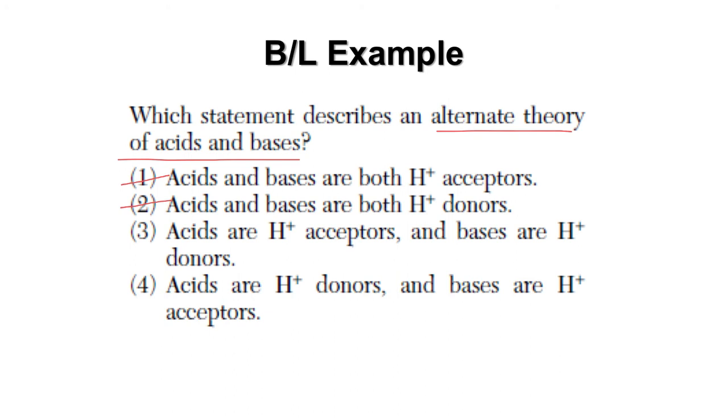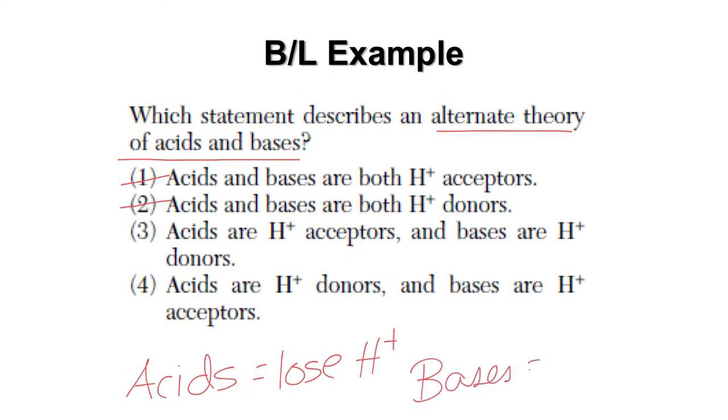Then we need to think, okay, acids will lose H plus. Bases will gain H plus. So the one that best matches that would be choice 4. Acids donate H plus, bases accept H plus.